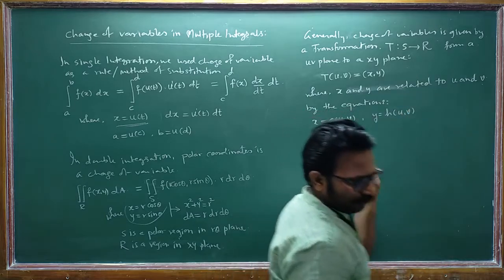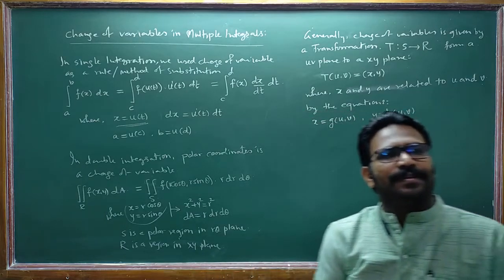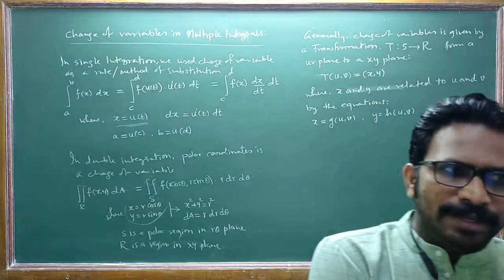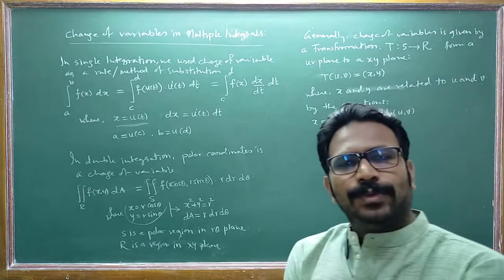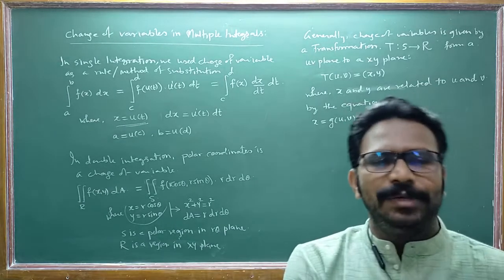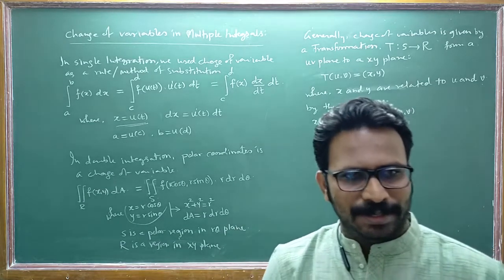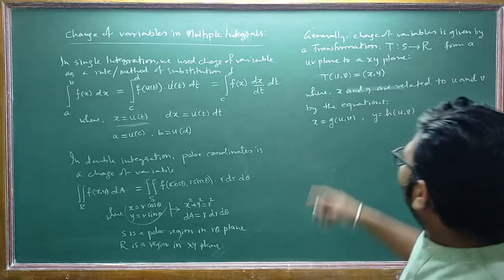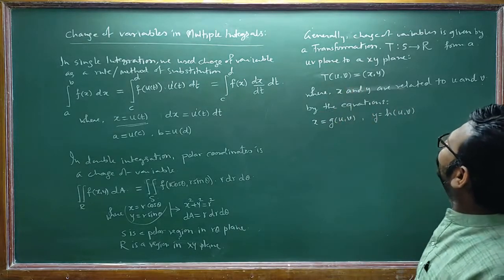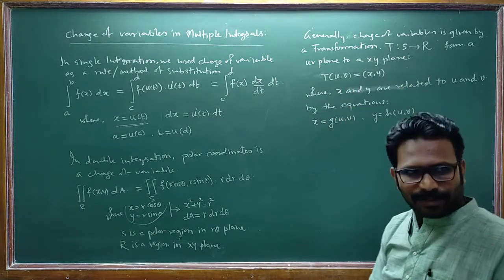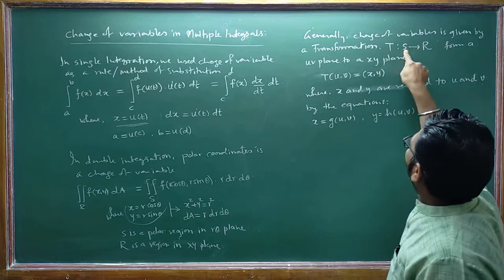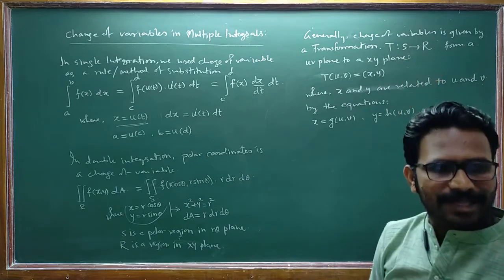Okay, so T is just a function that is converting the point uv to the point xy by using these equations. And T is just a function from a uv plane to a xy plane.